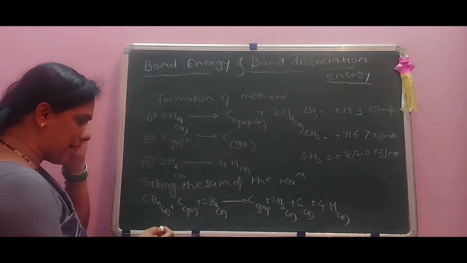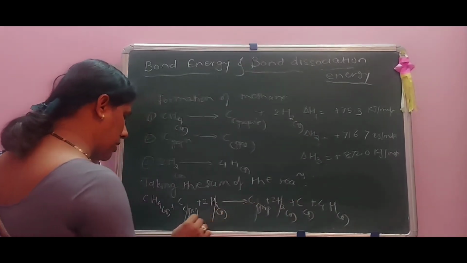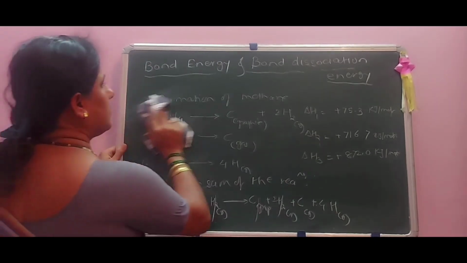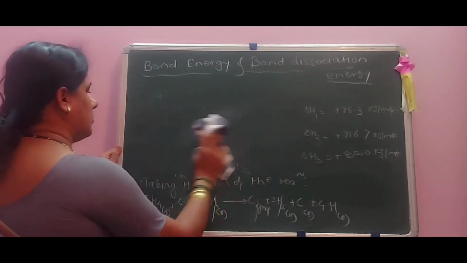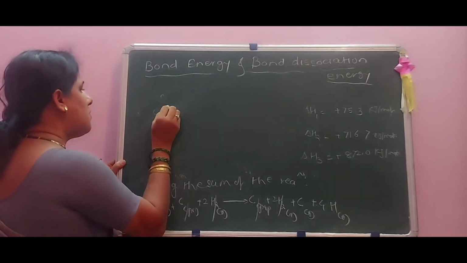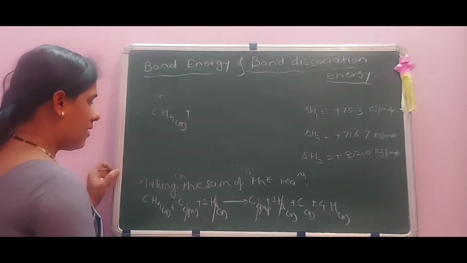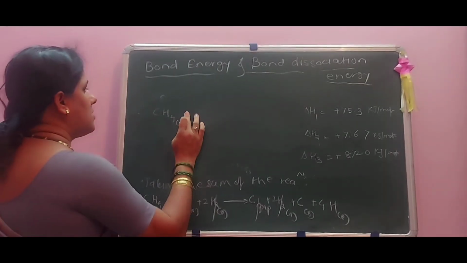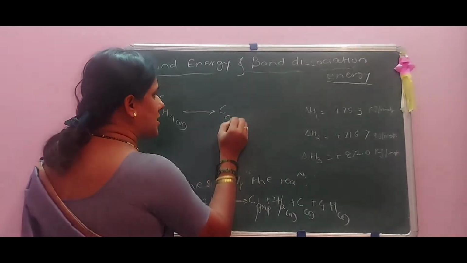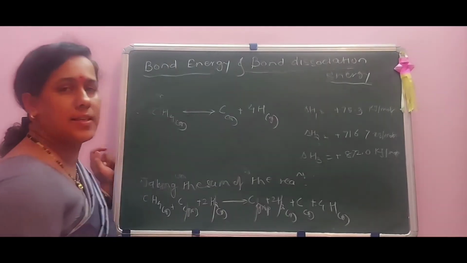Which terms are going to be cancelled here? That is C graphite, 2H2, 2H2. What is the remaining one here? CH4 of gaseous gives rise to C of gaseous state plus 4H of gaseous state.